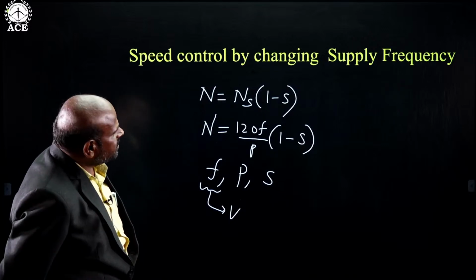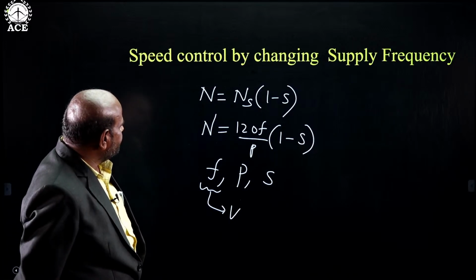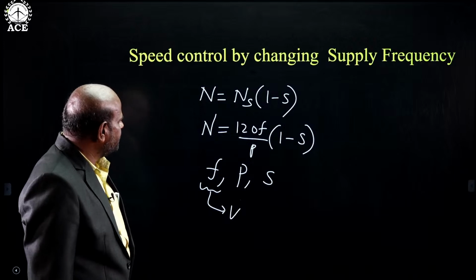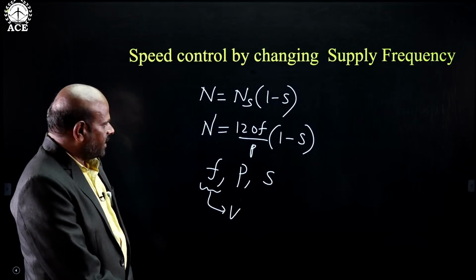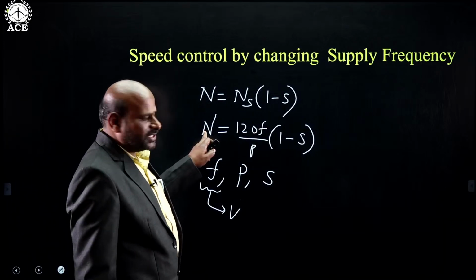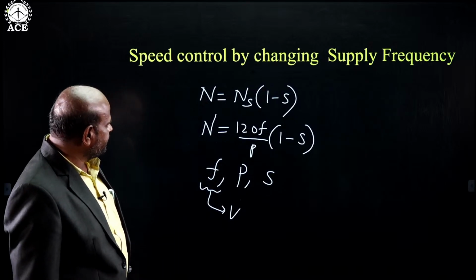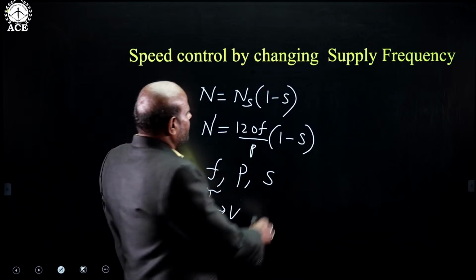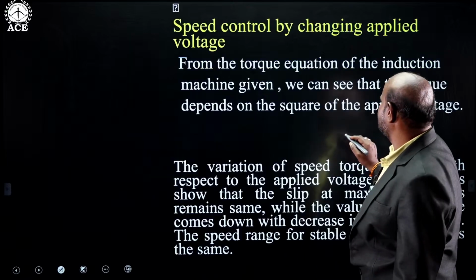Speed control by changing the supply frequency. So frequency is directly related with speed. As frequency increases, speed of the machine will increase. Then supply voltage. Already we have seen the torque expression.